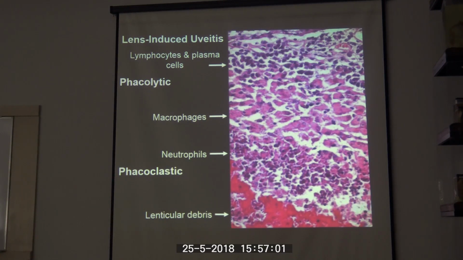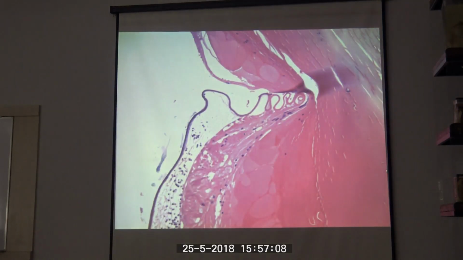If not represented in your section, maybe you would want to go back and get another section to hopefully find that rupture site. So here we have an area where we have some cells within the lens, indicating that this rupture was definitely around long enough for the beginning of phacitis.